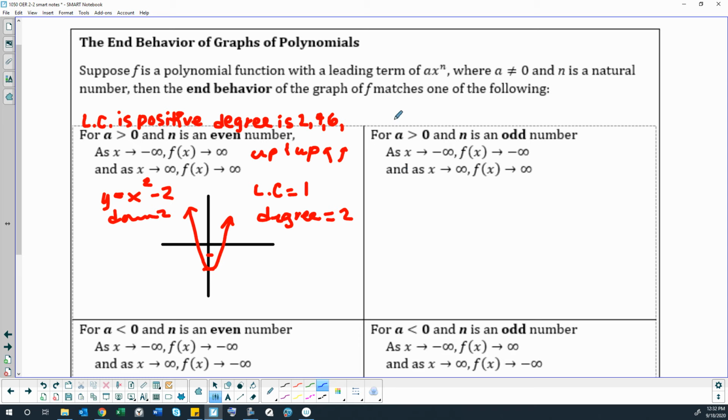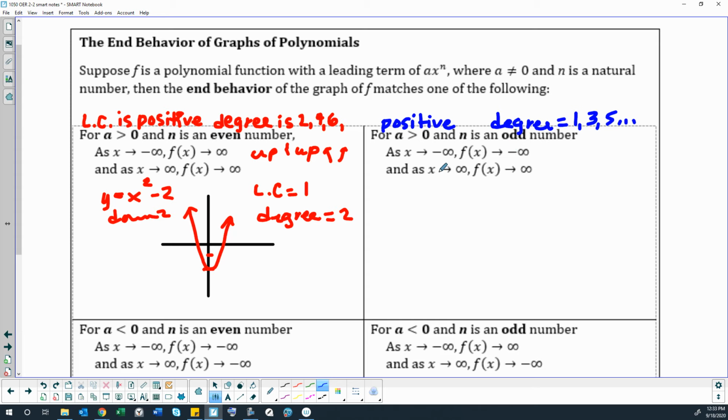Let's look at the next one. For a greater than 0, so the leading coefficient is positive, and n is an odd number, so the degree is like 1 or 3 or 5, etc. Then as x goes to the left, y goes down, those negative infinities, right?